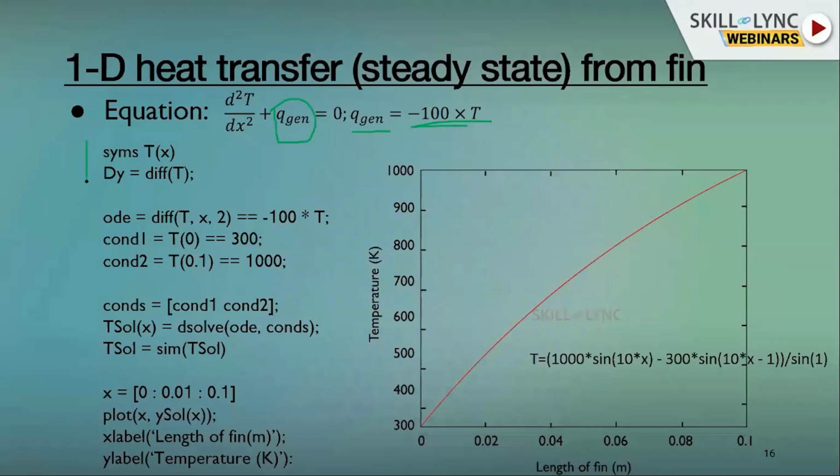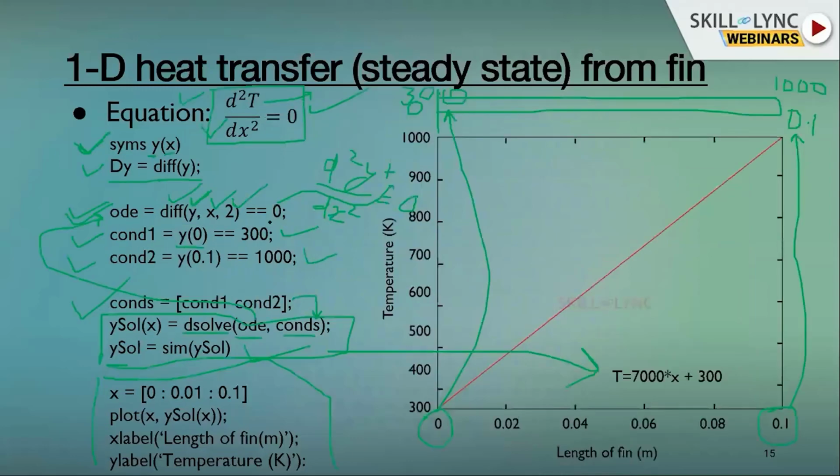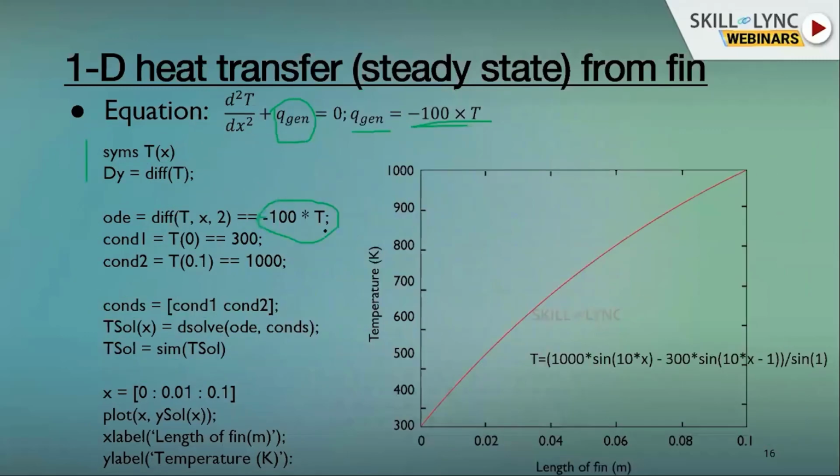If you are doing it by hand, again you have to solve that equation, but here I just have to change this part. Previously we wrote 0 here. In the next I'm converting to this differential equation, so I will write minus 100T. Boundary conditions are the same, I don't need to change anything here.